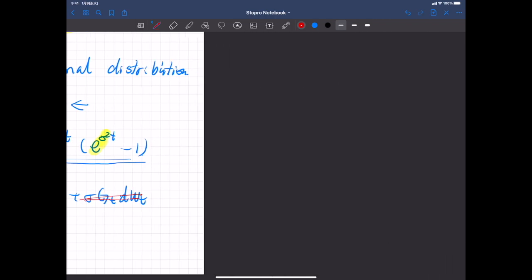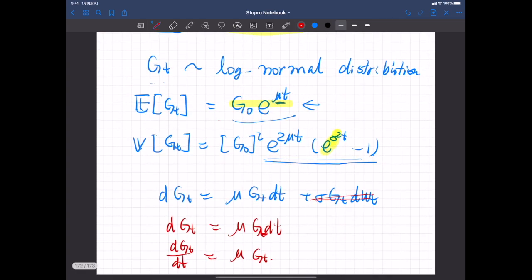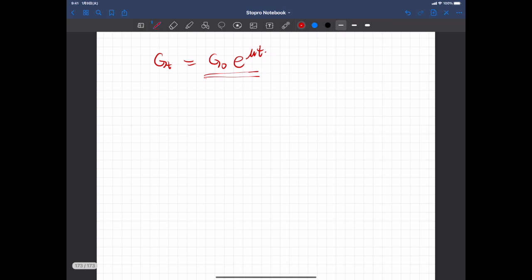And this is very easy to solve, and the solution is gt with some initial condition, g0 exponential of mu t. So this is actually the same as this expectation value. So on average, gt, this random process, grows exponentially, just in the same manner as the deterministic model. However, since this is deterministic, variance is of course zero, but the difference becomes apparent in variance.